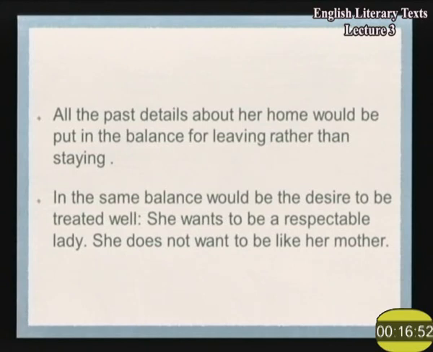All the past details about her home would be put in the balance for leaving rather than staying. In the same balance would be the desire to be treated well. She wants to be a respectable lady. She does not want to be like her mother.